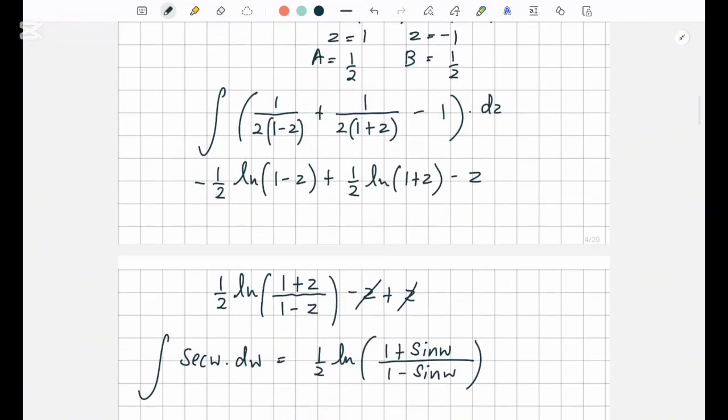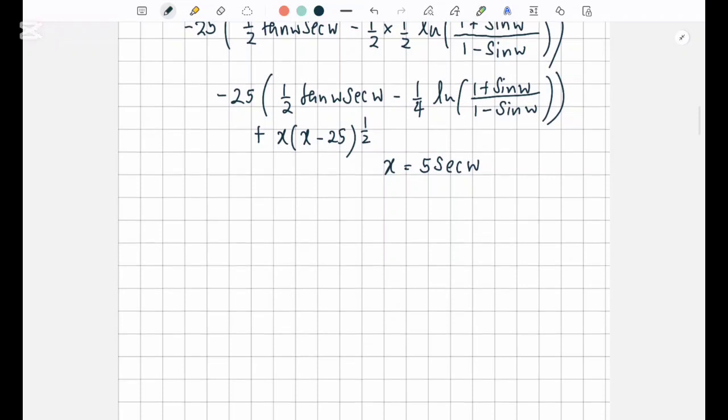Okay. Now let's go back to our substitution. So sec w equals x over 5, so x over 5 equals 1 over cos w.